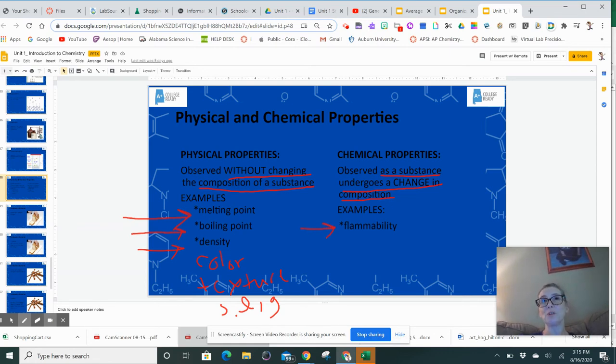But when you put them together, you make water, which has a completely new chemical property of not being flammable at all. So that's the difference between chemical properties. Physical changes can be easily reversed. Chemical changes, chemical properties, they cannot be reversed. They cannot be changed. Okay.